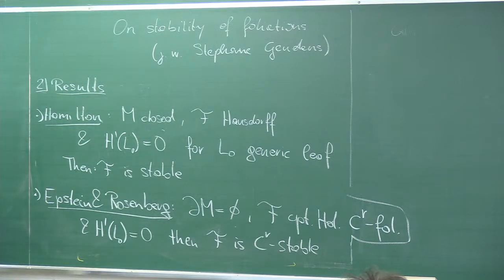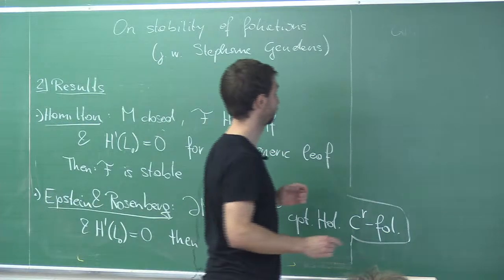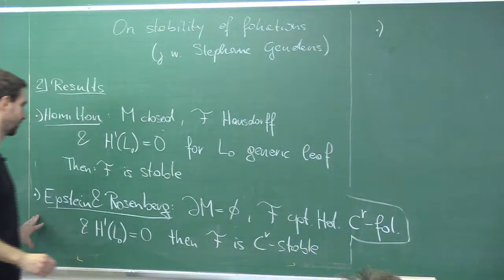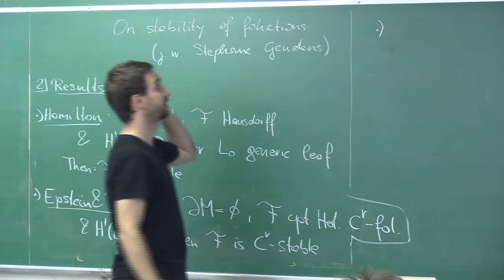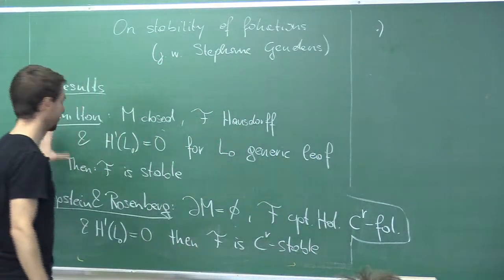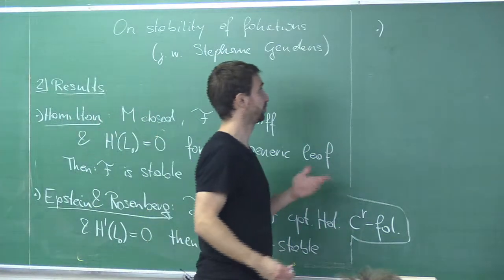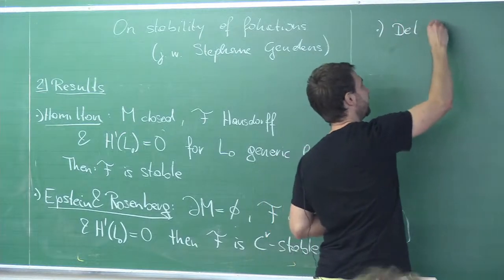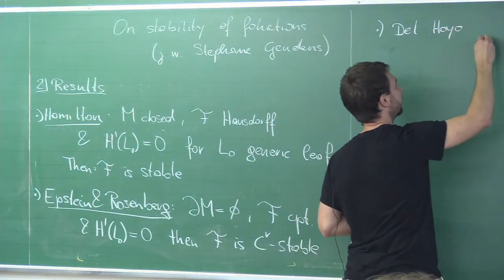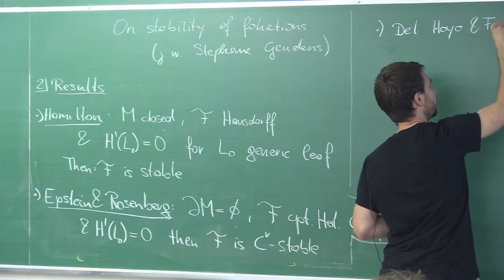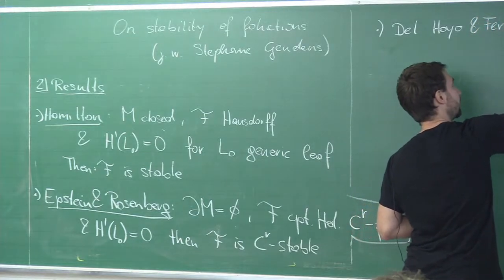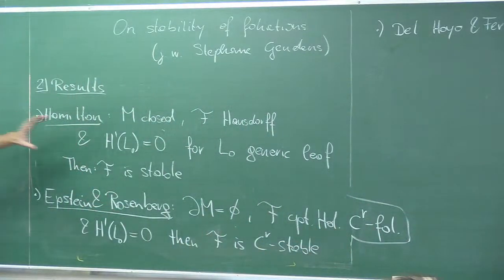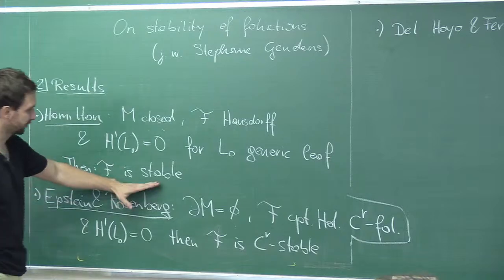And then maybe a third result I want to mention here, I think that was in 1977. And then another result which is basically along the lines of Hamilton, which is by Matías del Hoyo and Rui Fernandez. Essentially it's the same statement as here with a slightly different notion of stability.